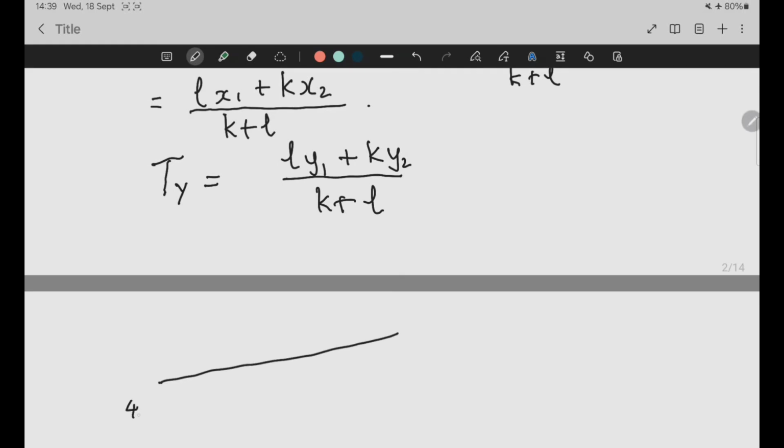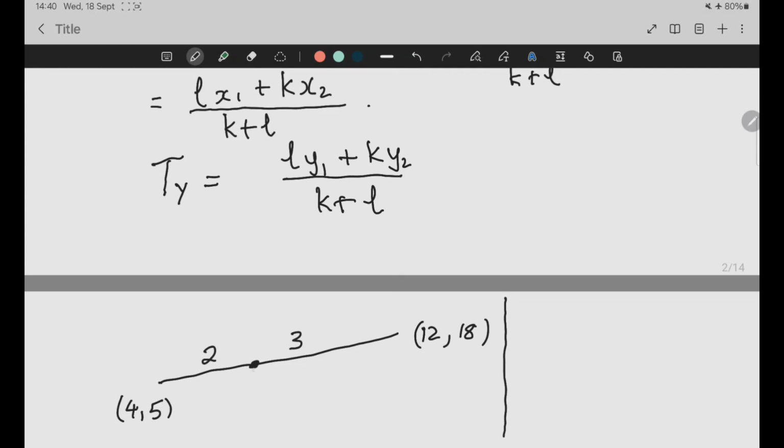So for example, suppose we have two points here, 4 and 5, and 12 and 18. I'll just put this at the top of my head, and we want to divide that in the ratio 2 to 3.